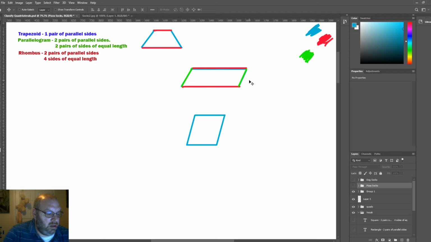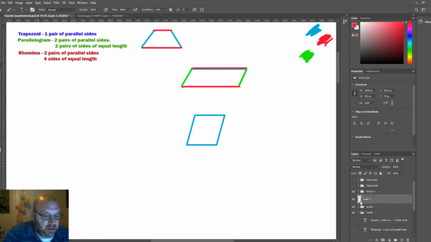Now, I did not color code these, so let me show you that. 2 pairs of parallel sides. So this side, bring that up here. This side is parallel with this side.